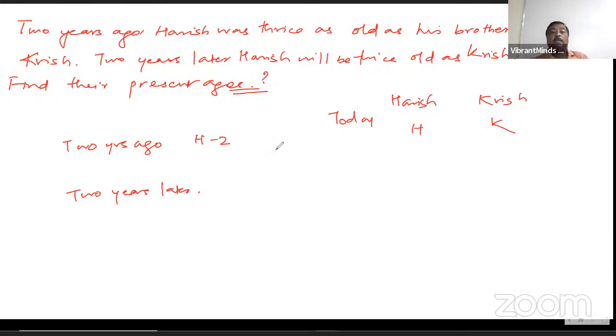H minus 2 and K minus 2. Now their ratio is what? Thrice as old. Harish was 3 times as old. So can I say 3 I will multiply and they will get equal? 2 years later, Harish plus 2, Chris plus 2. And this is again twice. Both the equations, let's solve it. So H minus 2 is equal to 3K minus 6.